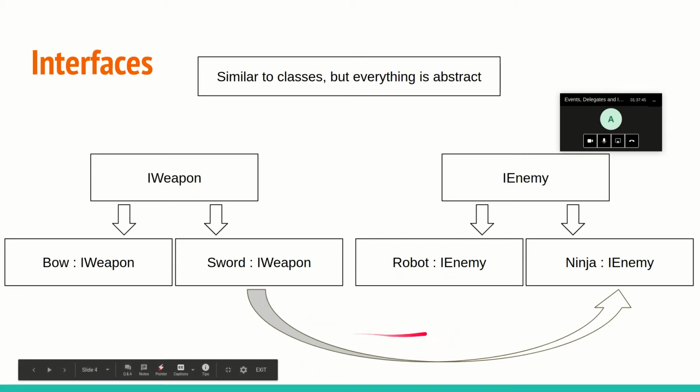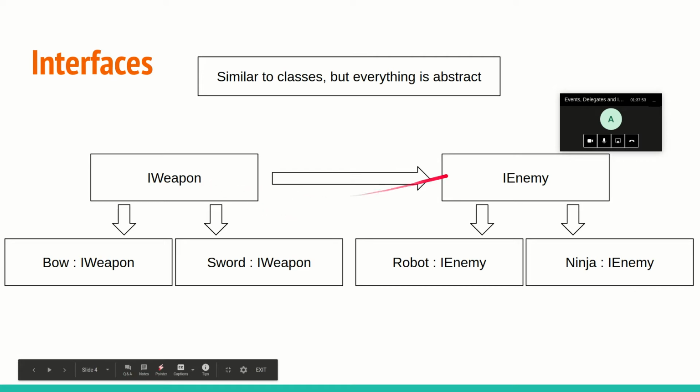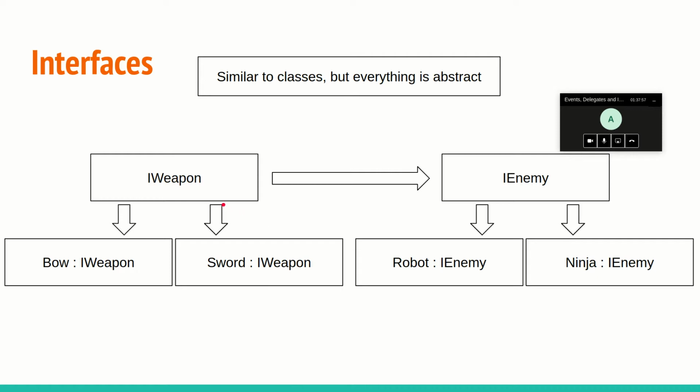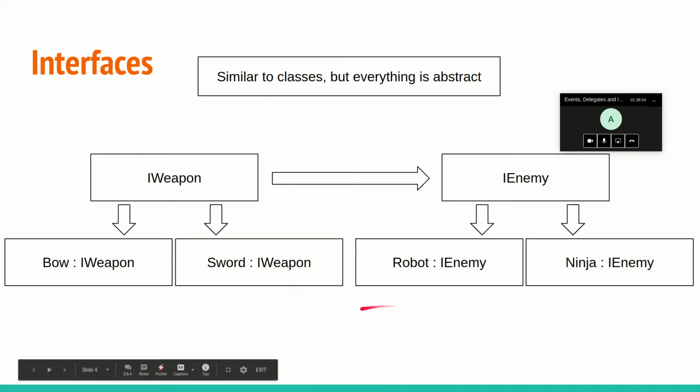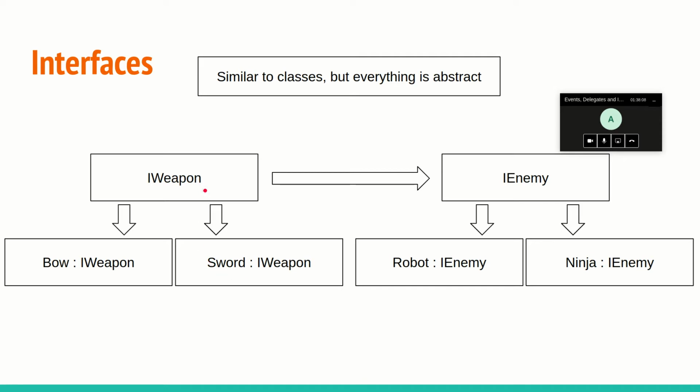So instead of doing all of that, we can just say, actually, you know what? All weapons can just attack all enemies. And then I don't have to define all 4 of those relationships, because bows are weapons, swords are weapons, and as a rule, weapons can attack enemies.